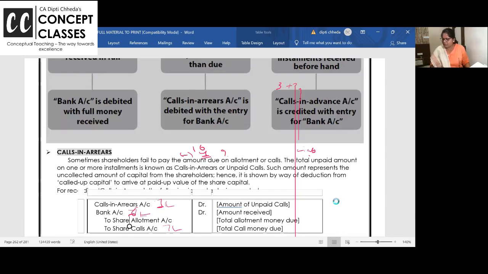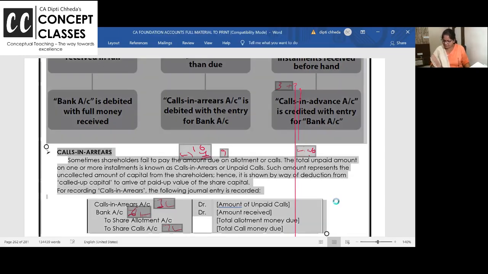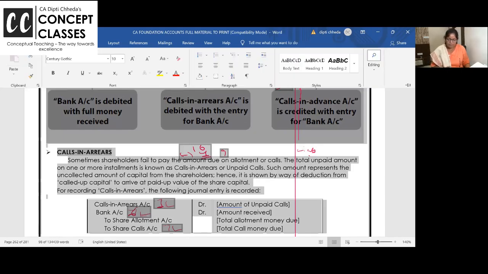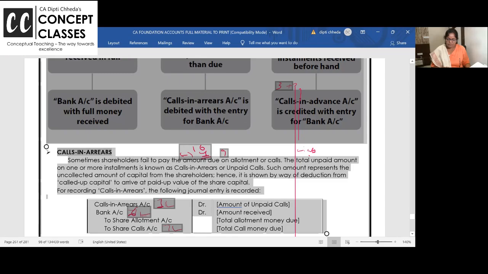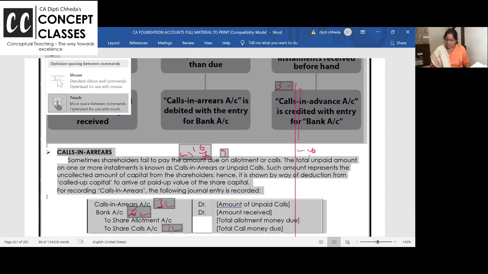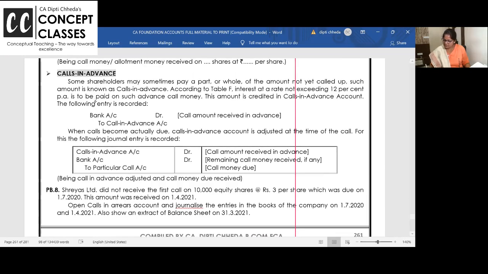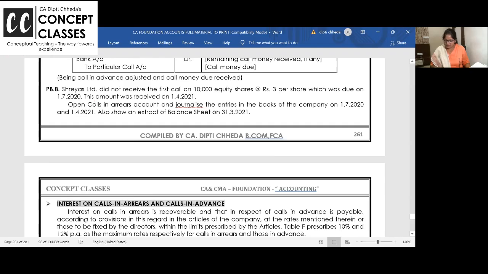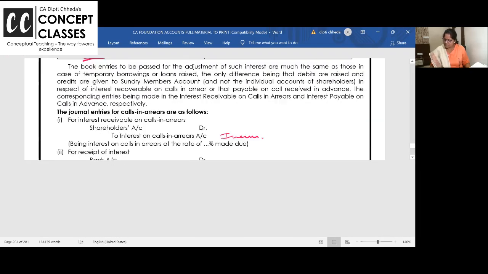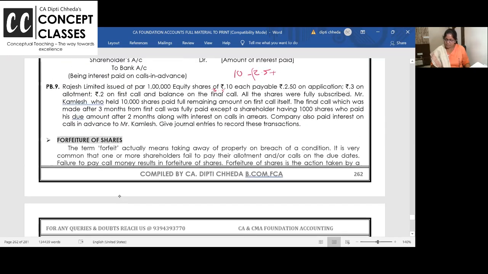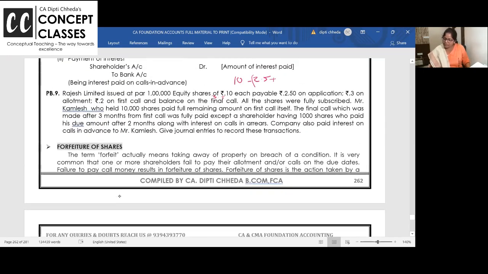So how much is it, see. Yeah, 2.5 plus 3 plus 2, 7.5. So 2.5 will be the final call.